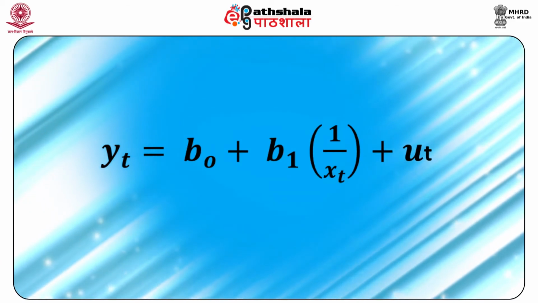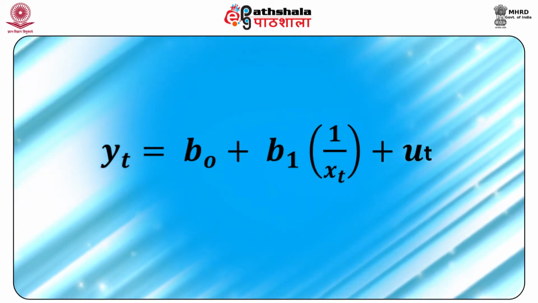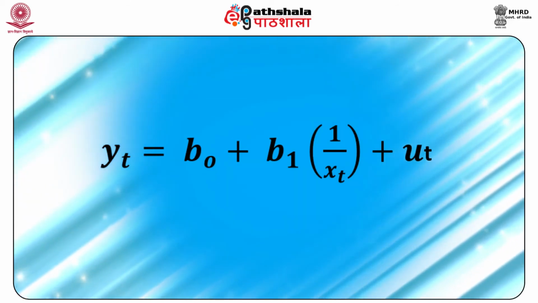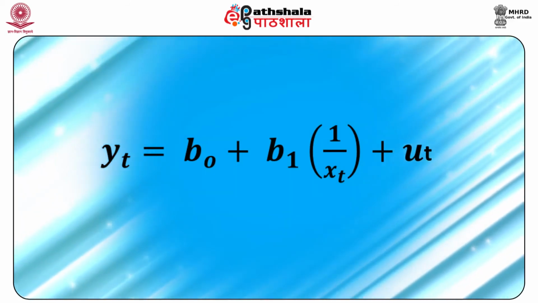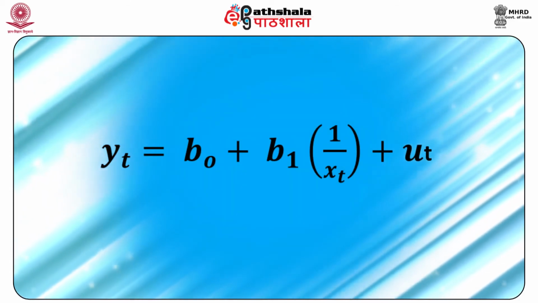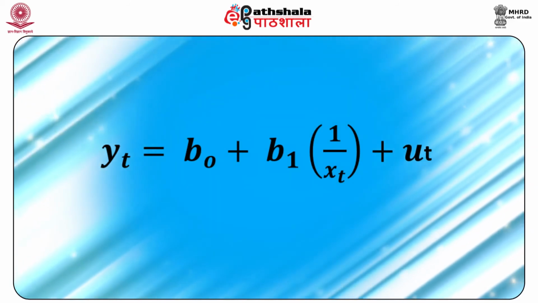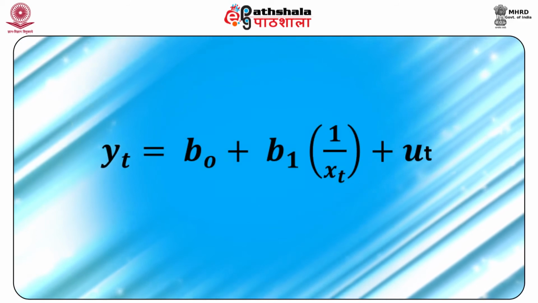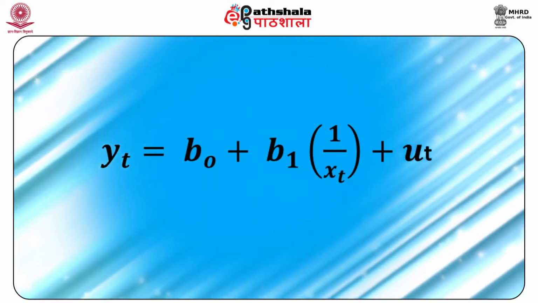The above model is non-linear in the variable xt as it enters reciprocally, but it is linear in parameters b0 and b1. As the independent variable xt increases indefinitely, the term b1 into 1 upon xt tends to 0, and the dependent variable yt approaches its limiting value b0.